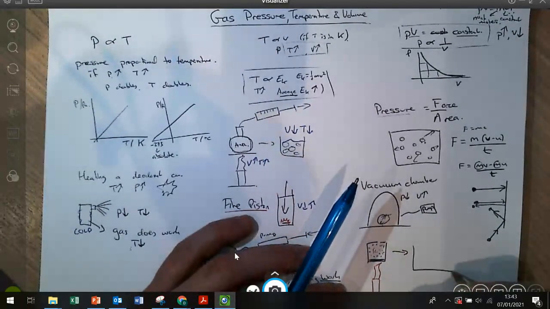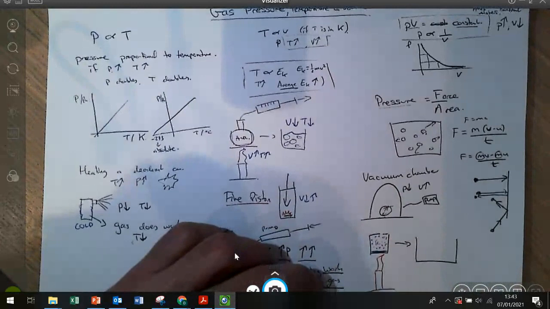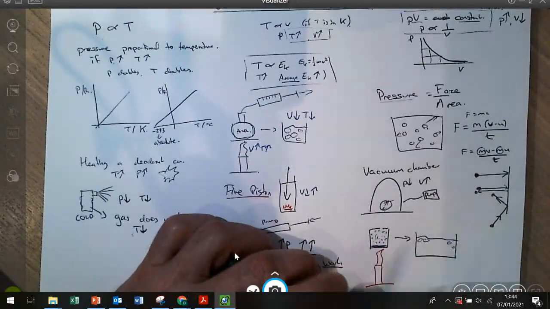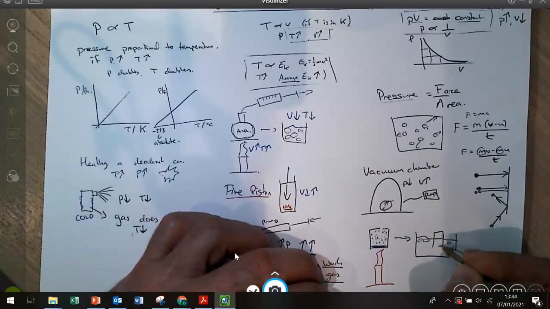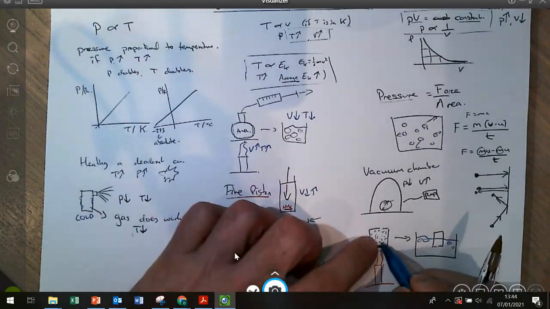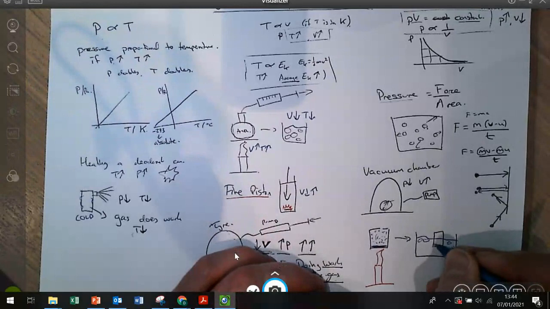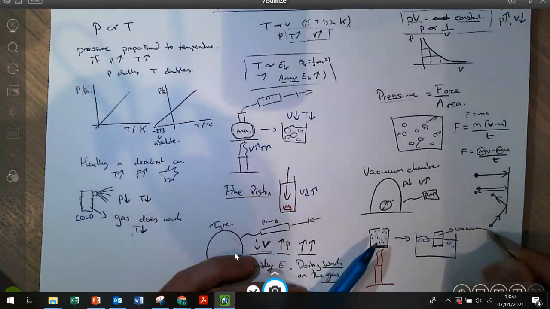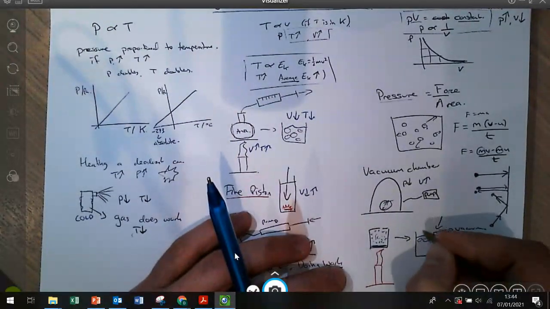Then quickly, and this does take a little bit of practice, you're going to put it into some ice water upside down. So what happens? All of the steam condenses back to its original amount of water. What have you been left with? You're left with a vacuum. And now we've got the air pressure outside.